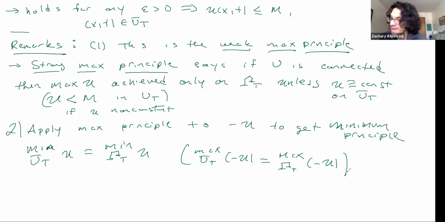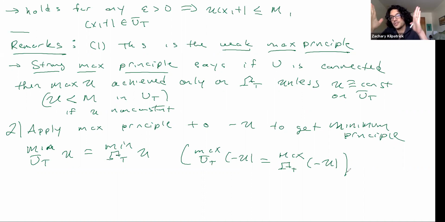And as you might imagine, you can take the maximum and the minimum principle together to put bounds on where U has to lie. If you remember back to our uniqueness proofs, if you think about how you would construct a uniqueness proof using the maximum or the minimum principle, you usually use them together.